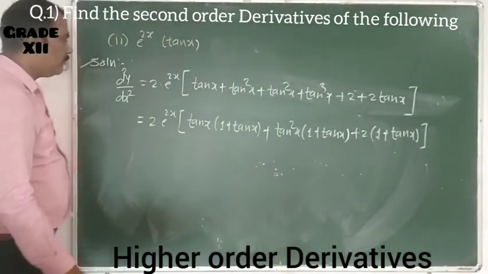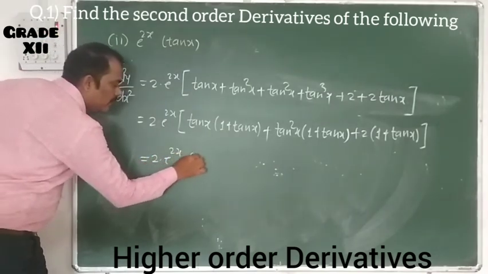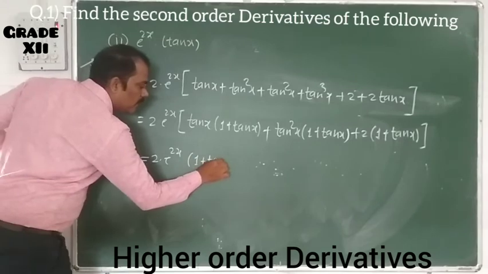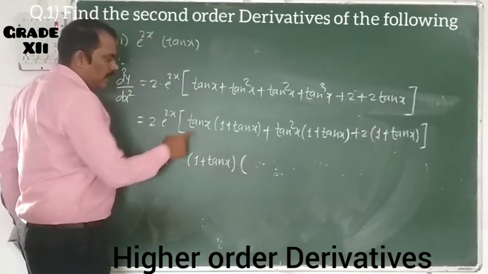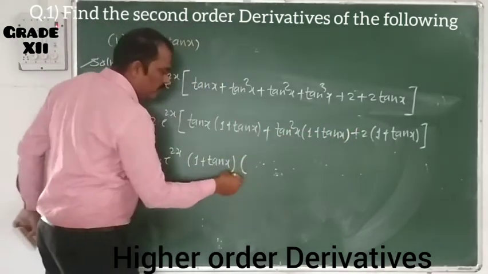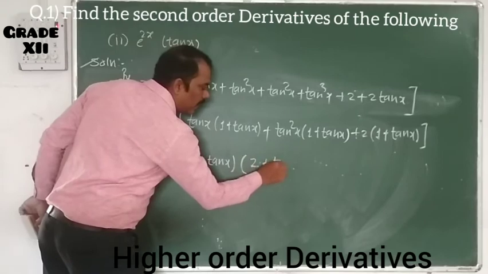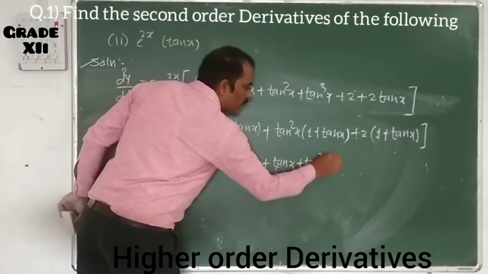We take 1 plus tan x common, that is 2 times e raised to 2x into 1 plus tan x into, what is the remaining here? Remaining is tan x plus tan square x plus 2. I will write this as 2 plus tan x plus tan square x.